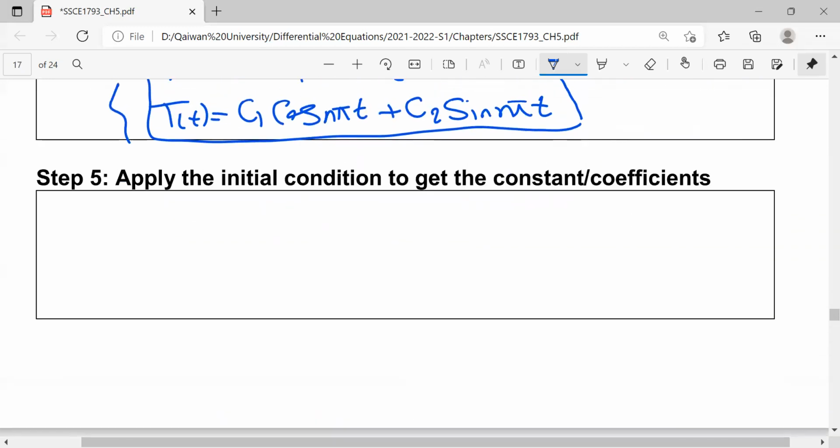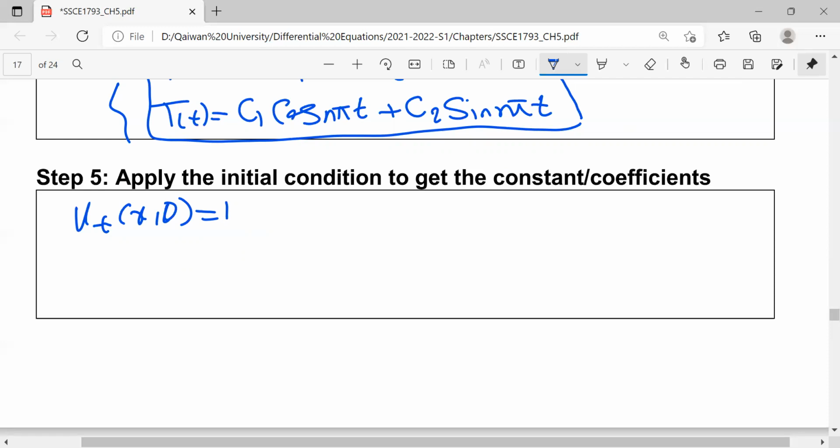u sub t of x and 0 is 1. That means here, this is little t, and little t is 0. We take the derivative of u, which is capital X times capital T, with respect to t.